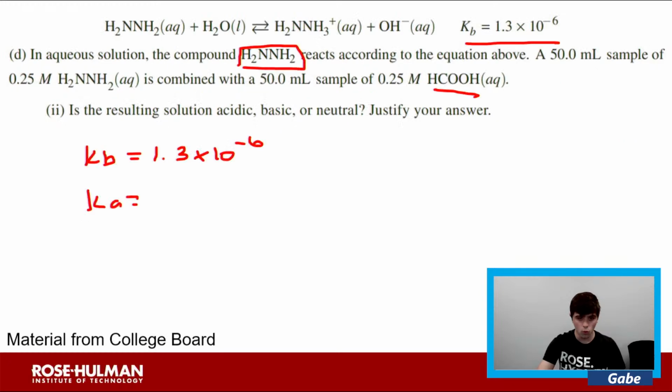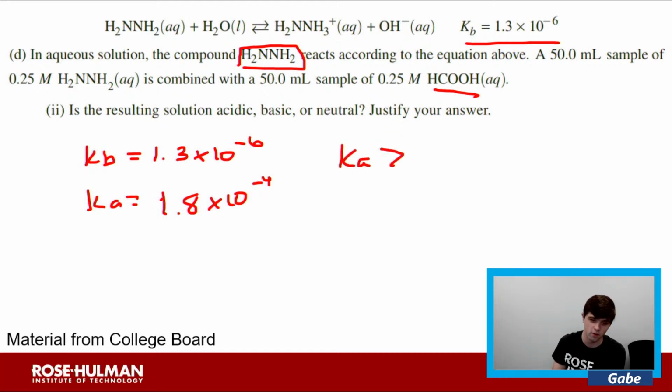So we can simply go back and enter 1.8 times 10 to the negative 4. Now we need to compare the two and see if the solution is acidic, basic, or neutral. Well, when looking at this, we can see that the Ka value of our acid that we combined with our base is larger than our Kb value. With that being said, we can now justify that our solution will finally be acidic.